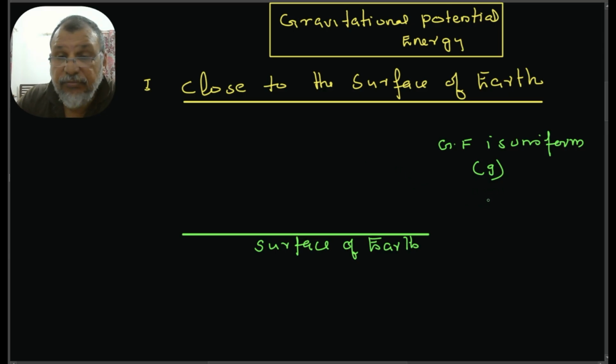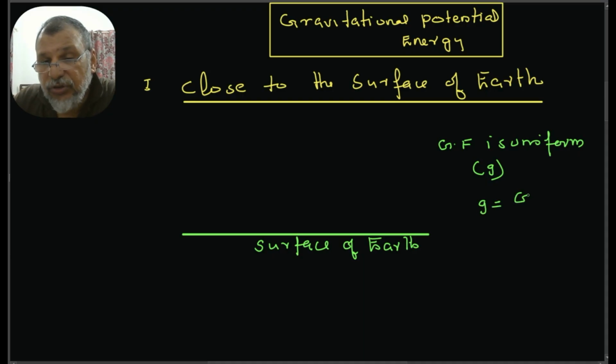Now we can see that the g value we can actually calculate using the standard equation. g is equal to, what is it? G m over r squared.